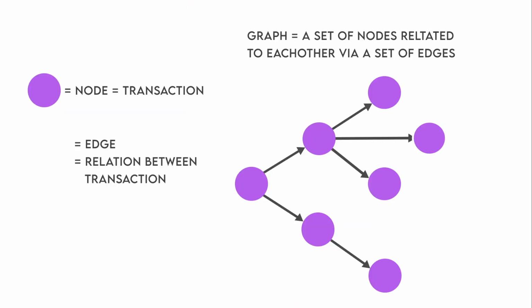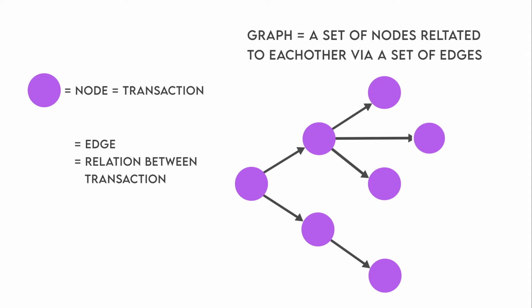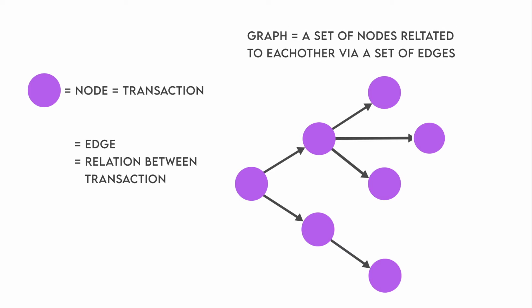Okay folks, so Bitcoin's UTXO model can be represented by a graph. And a graph is just a set of nodes related to each other via a set of edges. And we see here that the nodes are these purple circles, and each node is actually a transaction on the blockchain.